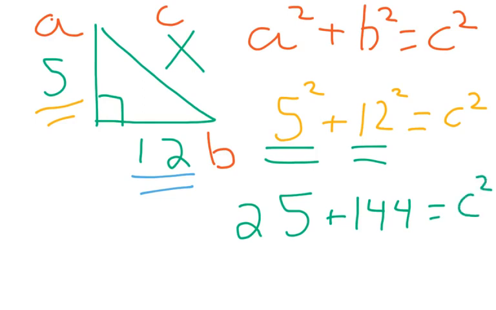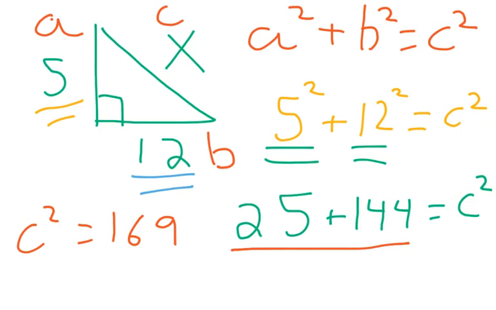Equals c squared. So now these two numbers, I'm just going to add together like normal. They're on the same side of the equal sign. So when I add 25 plus 144, I get 169.